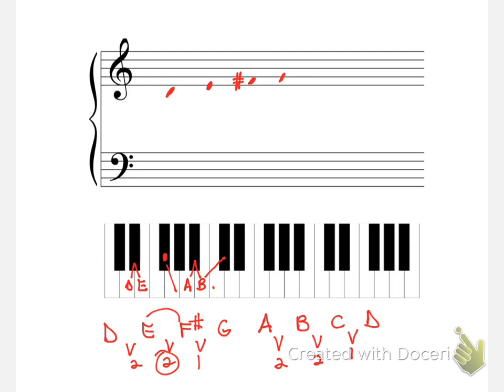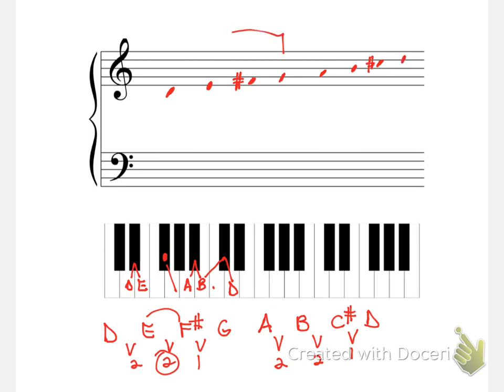So B to C sharp is 2 half steps. So I need a sharp right here. And then from C sharp to D is 1 half step, so I don't have to do anything right there. So my A tetrachord should be spelled A, B, C sharp, D.